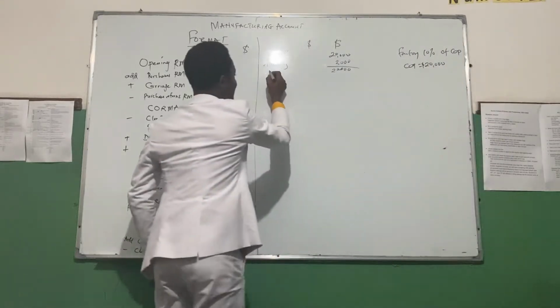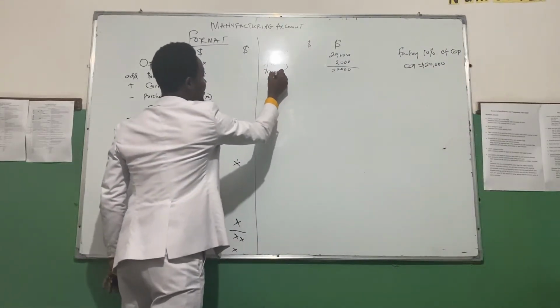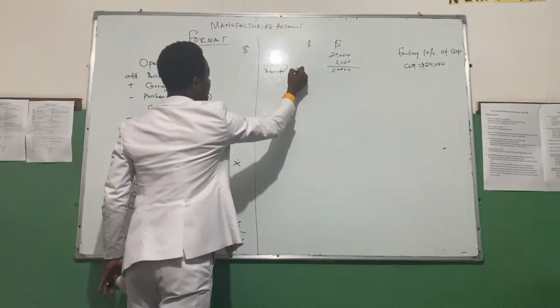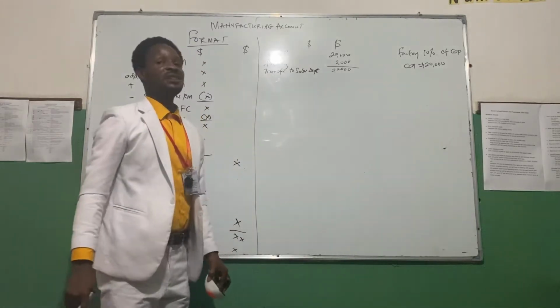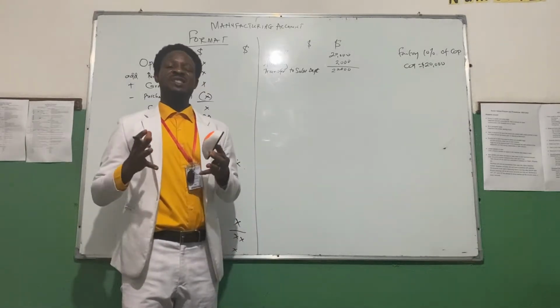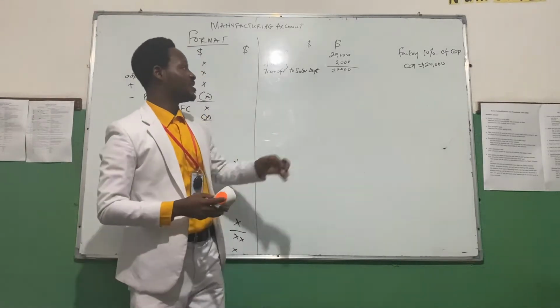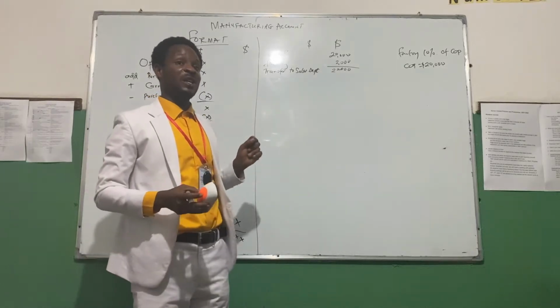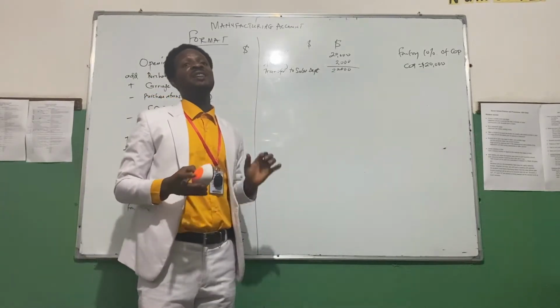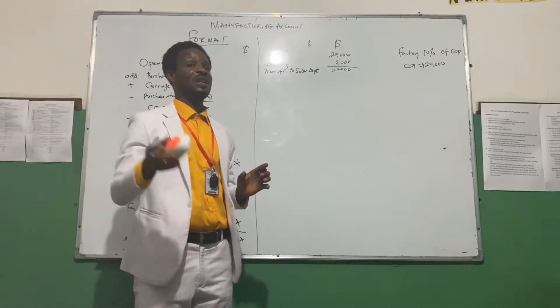This is called transfer to sales department, which means the value of goods received by the sales department is 22,000, though it cost the factory department 20,000, and they are sending it out to the sales department.